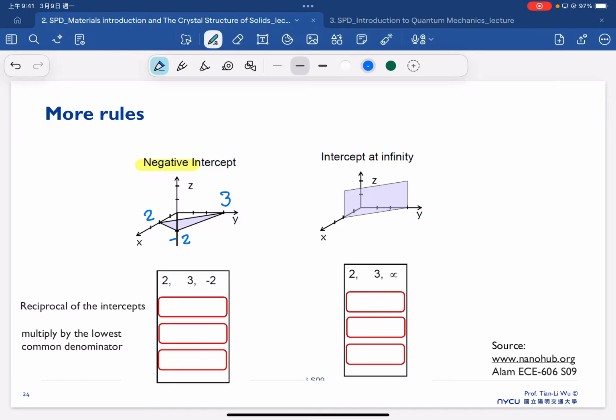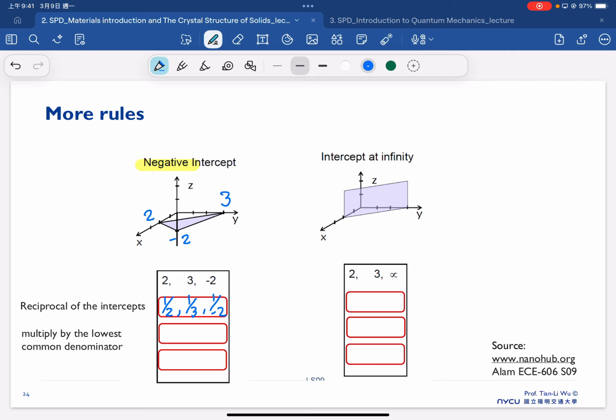So as usual, we first take the reciprocal. We will get 1/2, 1/3, and 1/-2. That's the reciprocal of the intercepts along the x, y, and z axes.